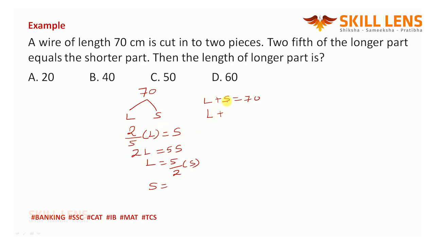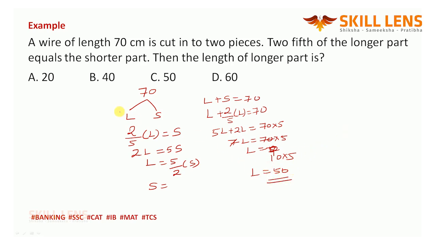So L plus 2/5 of L equals 70. So I can write 5L plus 2L equals 70 into 5. So 7L equals 70 into 5, because I have to divide again. So L is going to be 10 times 5, which is 50. So the longer part is going to be 50.